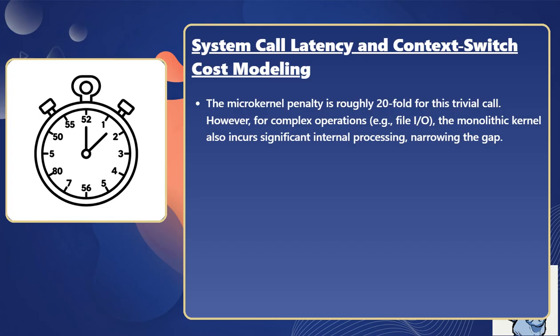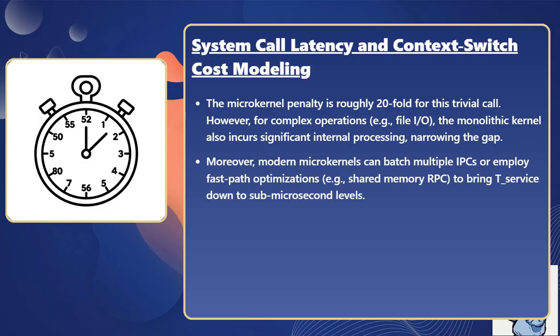However, for complex operations, for example file input-output, the monolithic kernel also incurs significant internal processing, narrowing the gap. Moreover, modern microkernels can batch multiple inter-process communications or employ fast path optimizations, for example shared memory remote procedure call, to bring T service down to sub-microsecond levels.